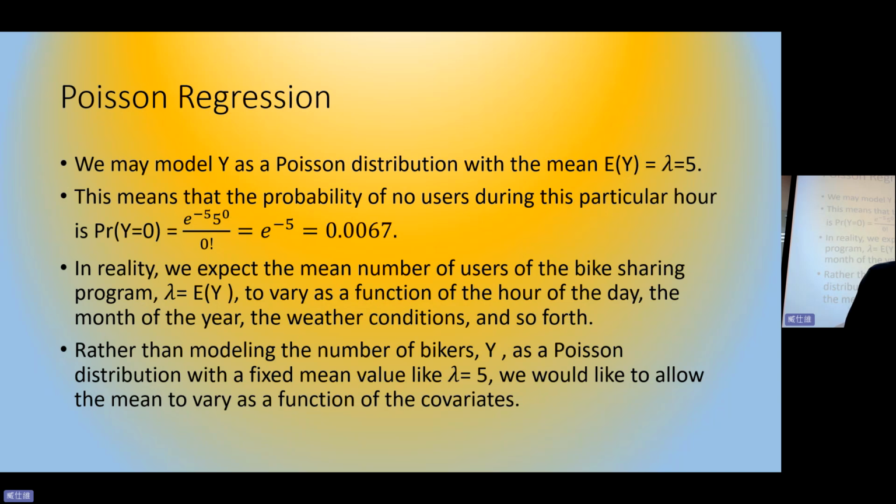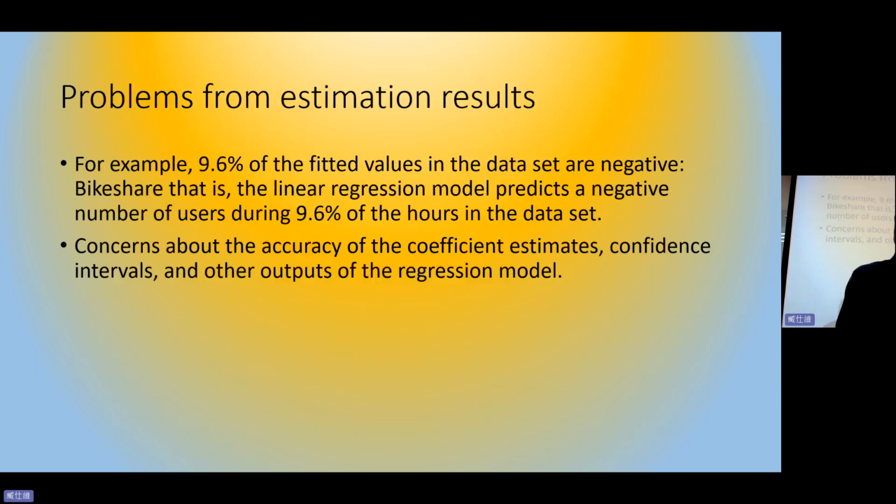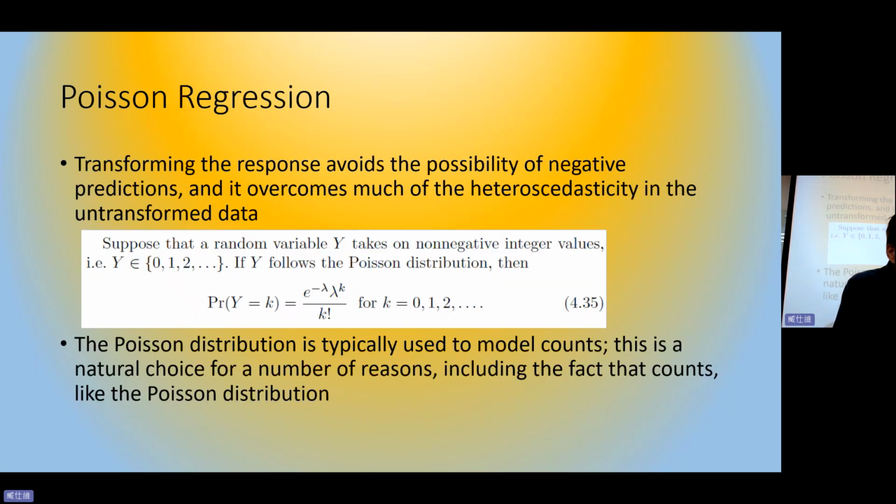Down here is the Poisson regression. This actually is transforming the response variables into probability based on the counts.